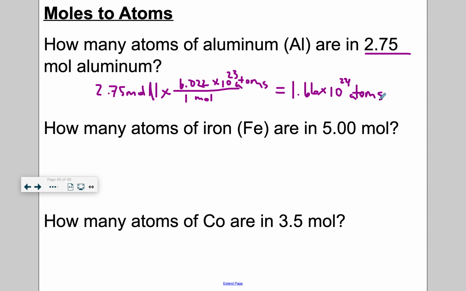All right, how many atoms of iron are in 5 moles? 5.00 moles. So you start with what you're given, 5.00 moles of Fe. Set up the conversion factor. I'm in moles, so 1 mole will go on the bottom... Avogadro's goes on top, 6.022 times 10 to the 23rd.